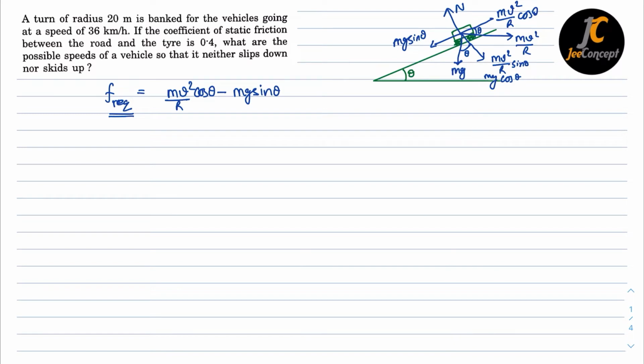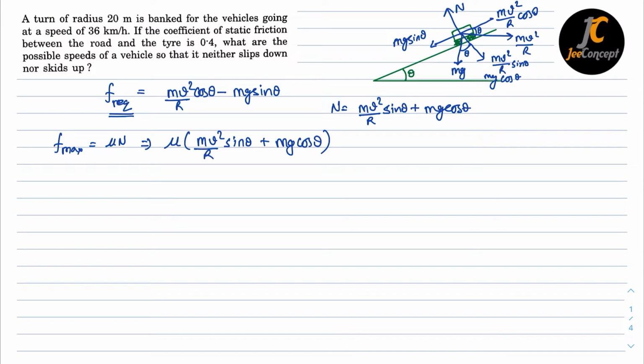Now, the maximum available friction on this tire and the banked road will be mu into N, right? So this is the friction which is maximum available. Now, from this diagram, we can simply say N is equal to mv square by r sin theta plus mg cos theta. Now F max or the maximum available friction is mu times mv square by r sin theta plus mg cos theta, right?